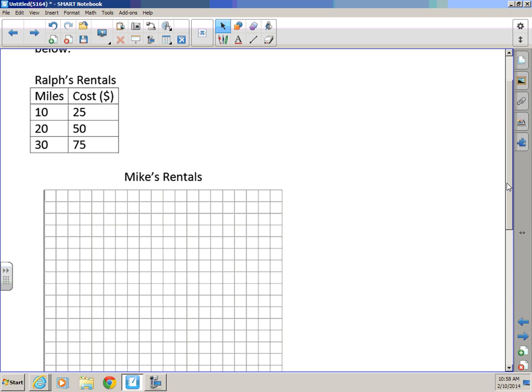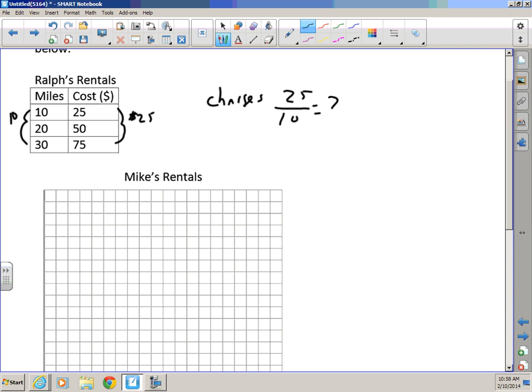If he goes 10 miles, it's $25, 20 miles, 50, etc. So every time he goes up 10 miles, he's tacked on $25. So what does that tell us? That tells us that Ralph charges $25 for 10 miles or $2.50 a mile.